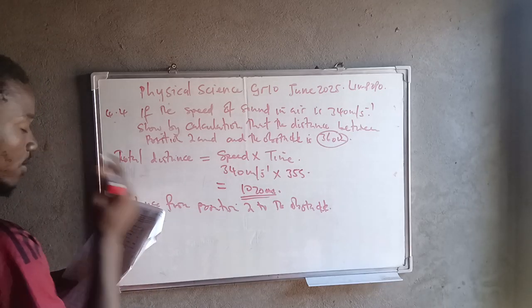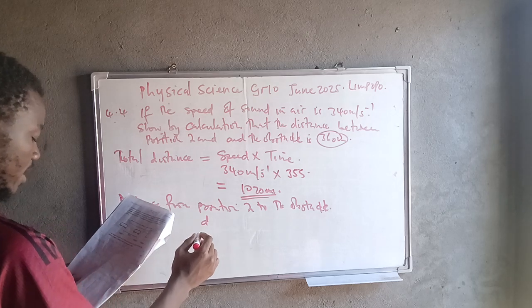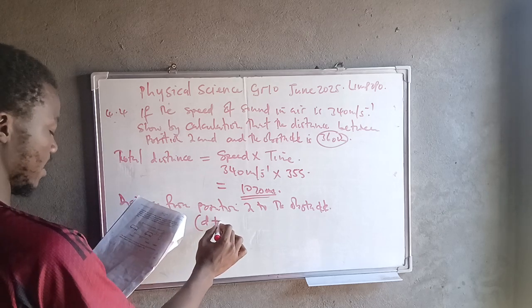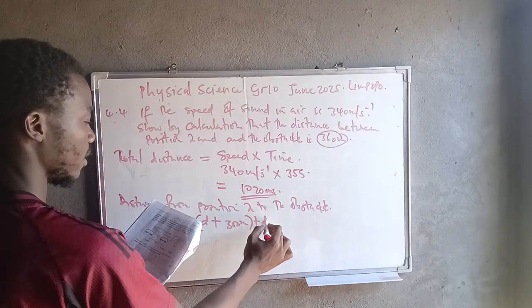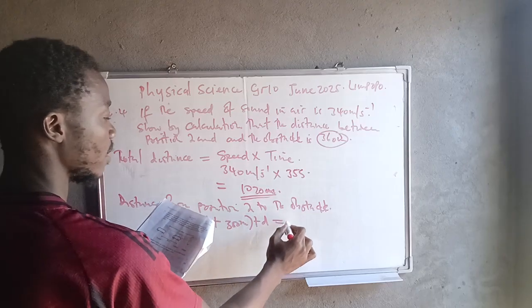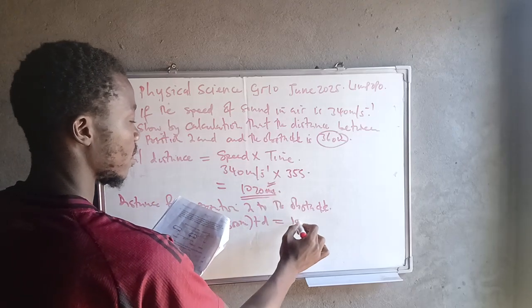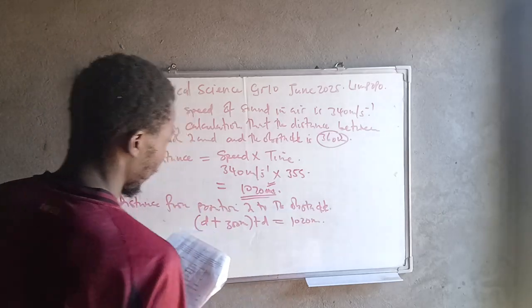So we're going to say D plus 300 meters plus D must give us the total distance, which is 1020 meters.